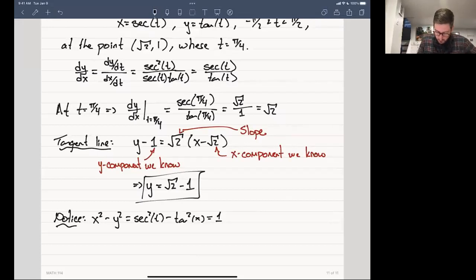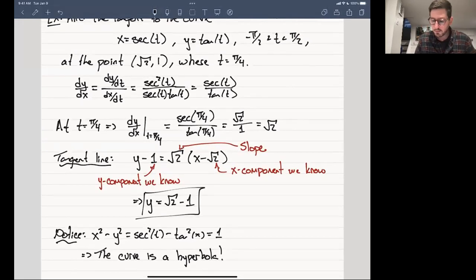So the curve is a hyperbola. With t between minus pi over 2 and pi over 2, the x component is positive, so it's literally the exact same hyperbola that we looked at in the last video lecture.